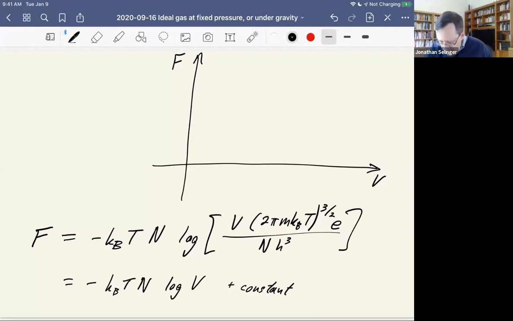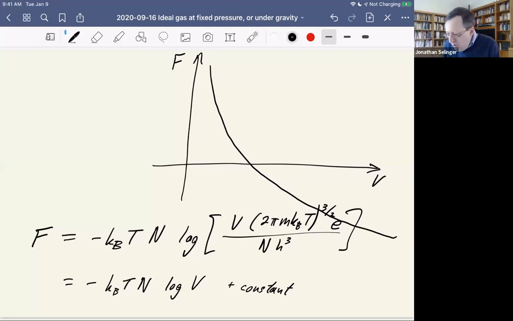So it is a negative something times the log of the volume. And so we know what a log plot looks like. And so we just have to turn it upside down. Okay, so an upside down plot of a logarithm looks like this.